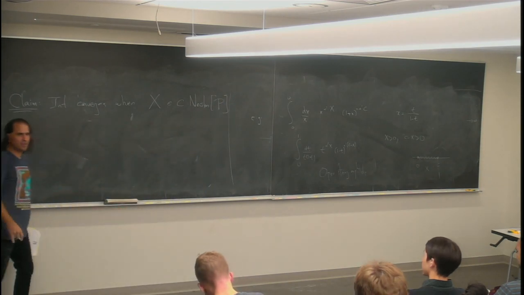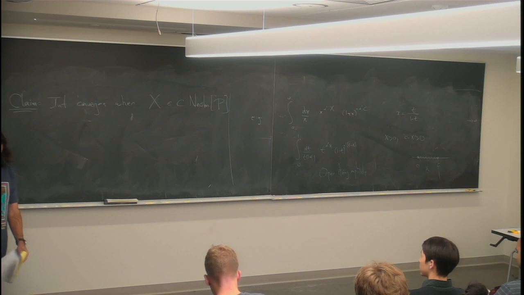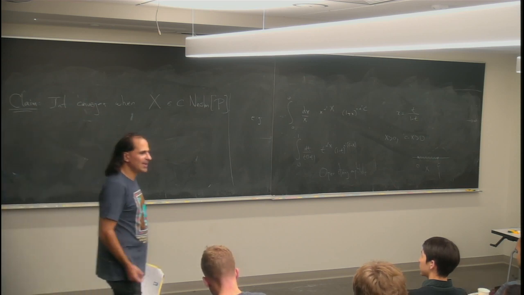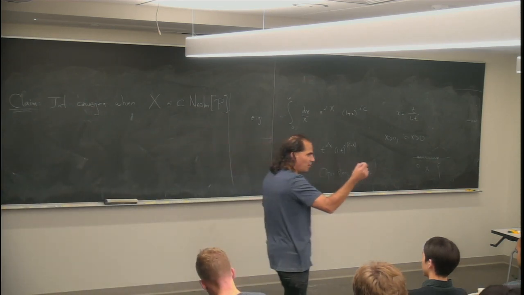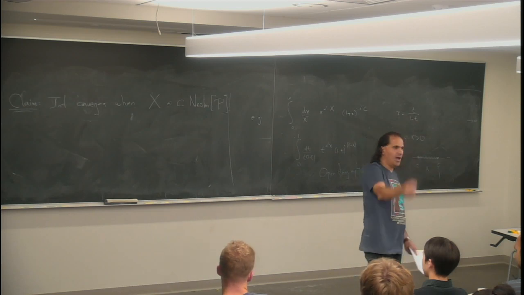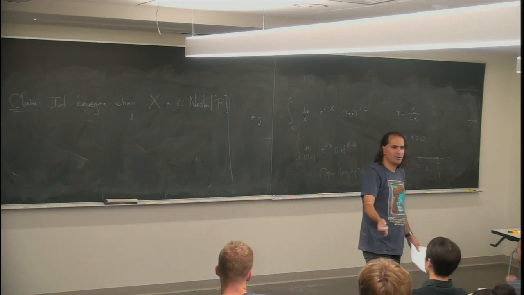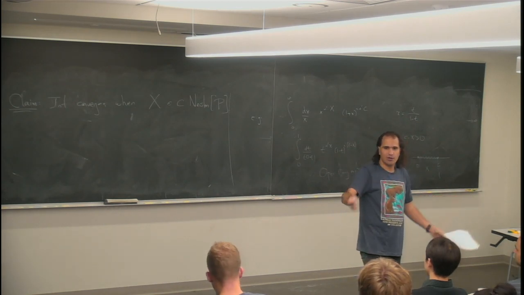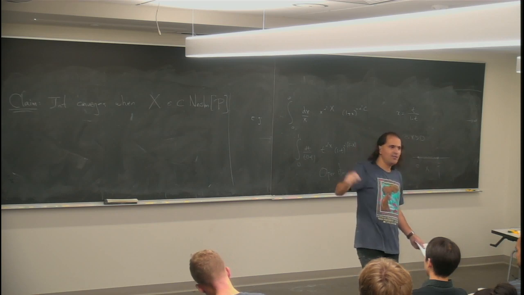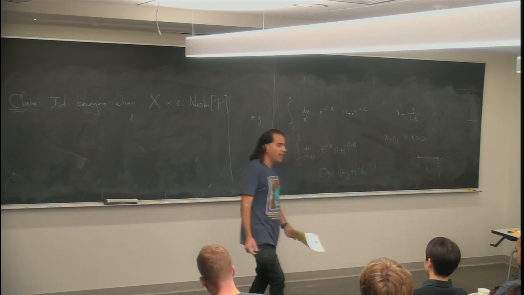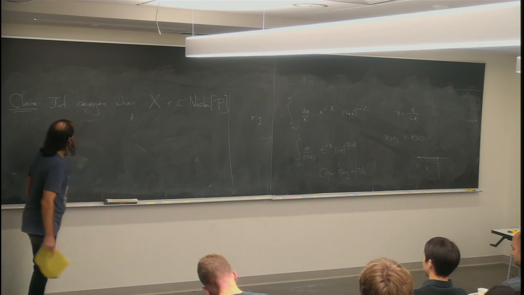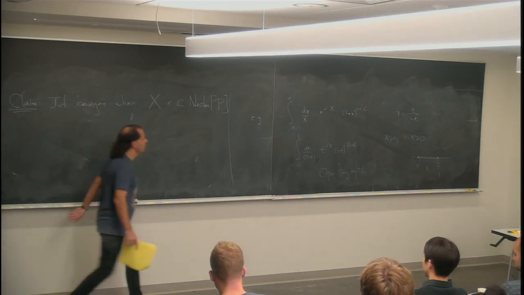The Newton polytope of a polynomial is just what you get by taking all the exponent vectors and just thinking about them as integer vectors in some lattice. You just take all the exponent vectors and take the convex hull of all the exponent vectors, you get some polytope. And so the claim is, so in this case, what was the Newton polytope?